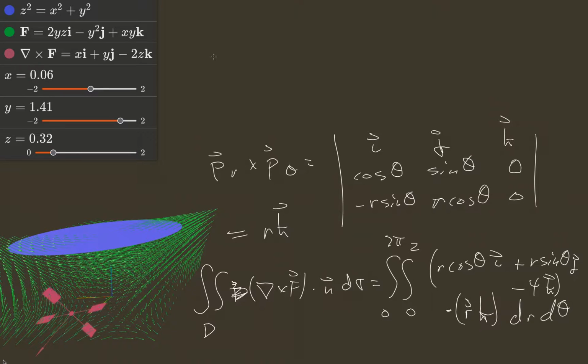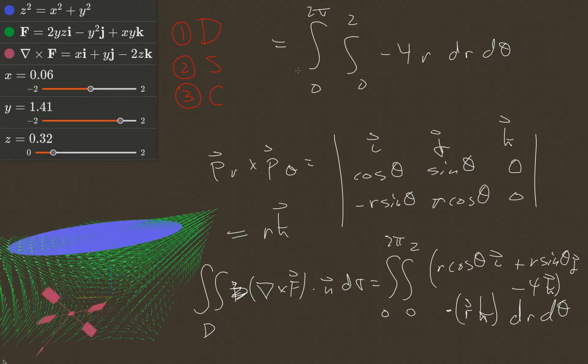From best to worst integral, this is the nicest, the cone was the second nicest, and then the circle was actually the worst. But anyway, this integral becomes the integral from 0 to 2 pi, the integral from 0 to 2 of minus 4r dr d theta.